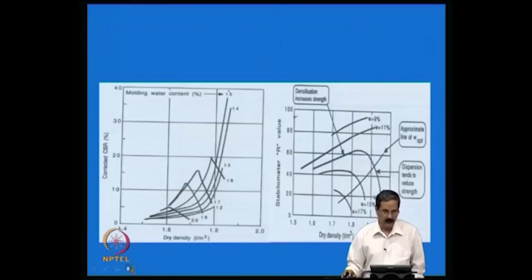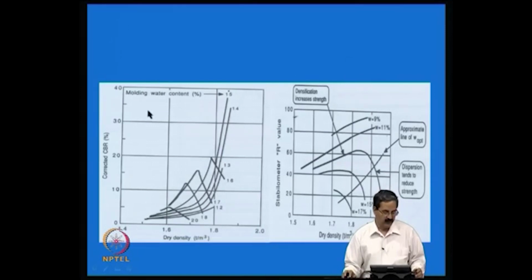Then another important point: you can see the CBR versus the molding water content. The molding water content is nothing but the water content at which you prepare the sample, as this is 15, this is 14, this is 13, 16, 17, about 20. You have different water contents here, and you can see that the responses are different.